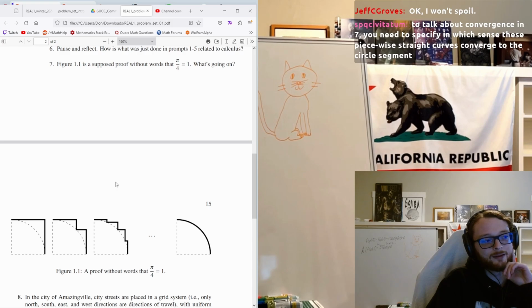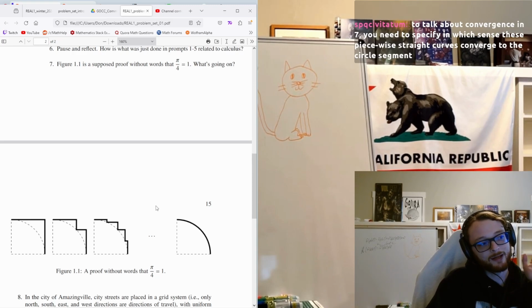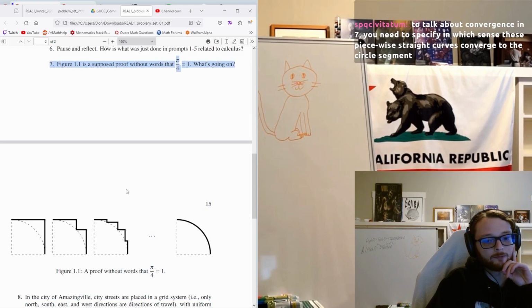Piecewise straight. Yeah, we leapt up on saying that we haven't actually proven that they converge to the circle segment. I'm not sure why, and I'd like to think about it for myself more before hearing the answer, so it's going to be more of an off-stream thing for me.